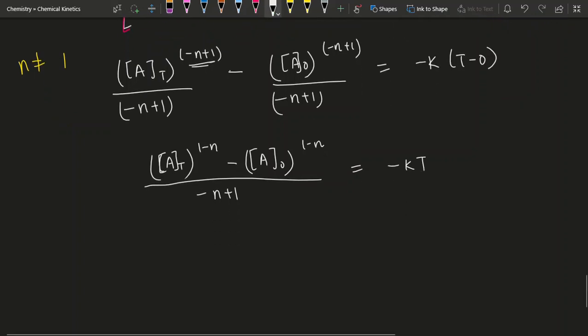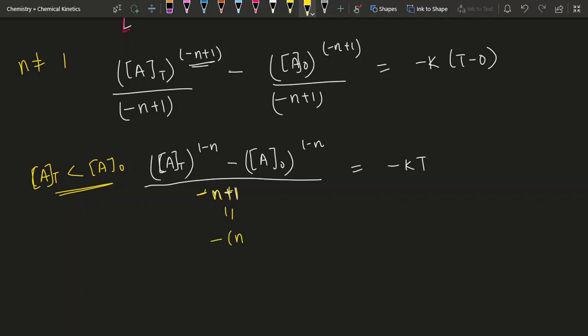Now, you can further simplify this, and the sense that it makes is that a at time t is actually lesser than a at time 0. So you can take the negative sign in the denominator: negative of n plus 1 is equal to negative of n minus 1.